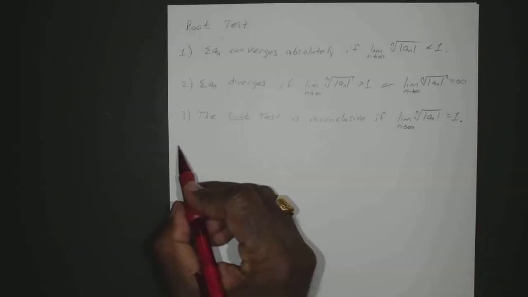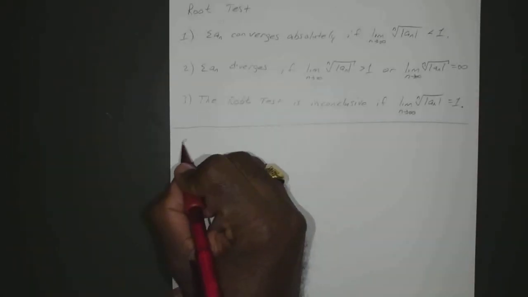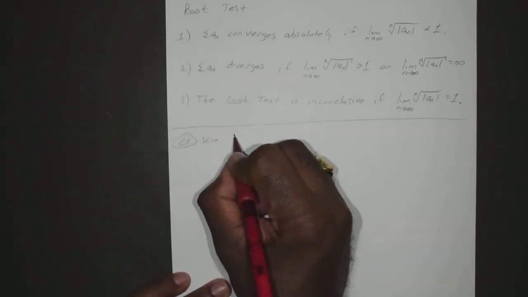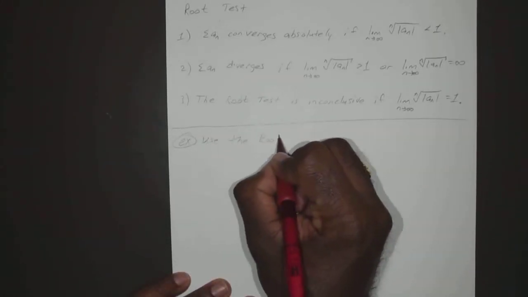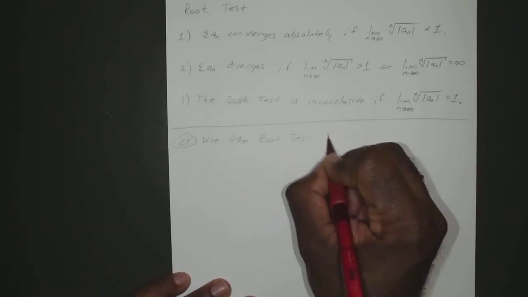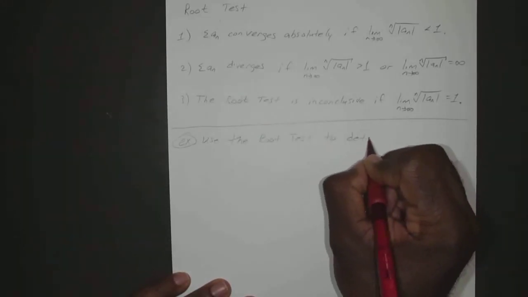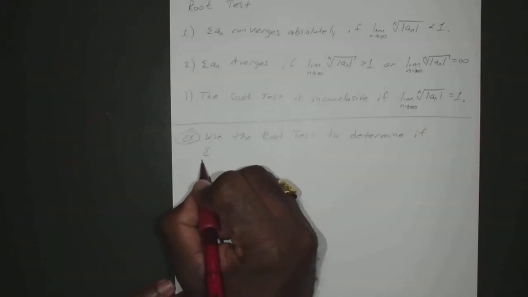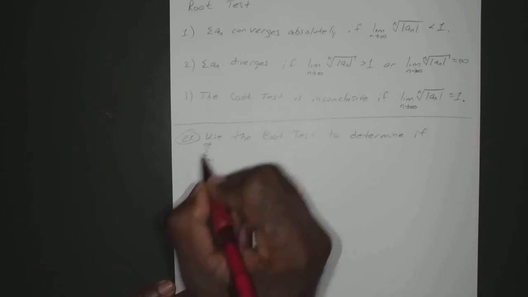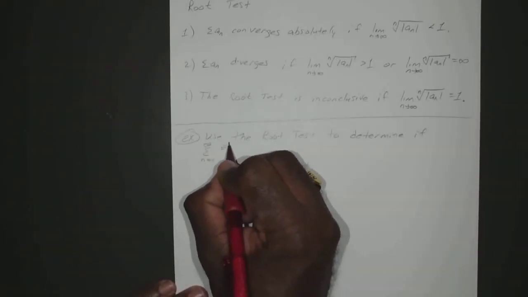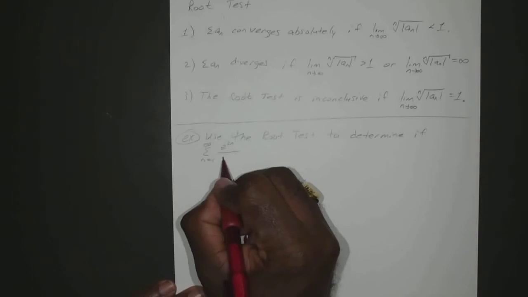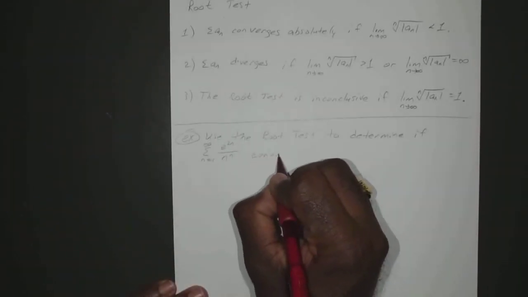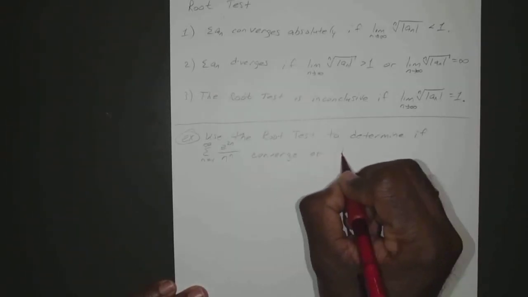All right, so let's say, for example, use the root test to determine if the series from n equals 1 to infinity of e to the 2nth power divided by n to the nth power converges or diverges.